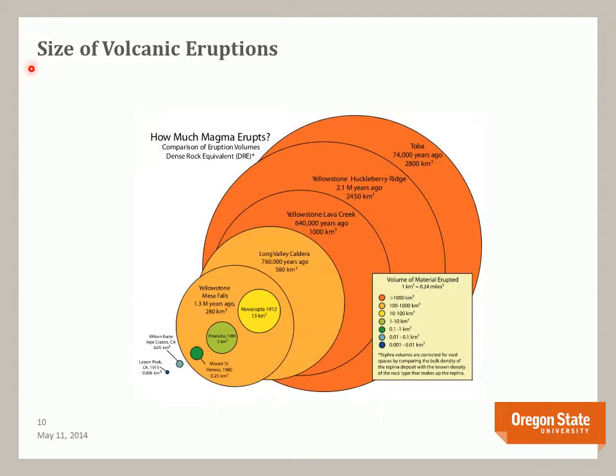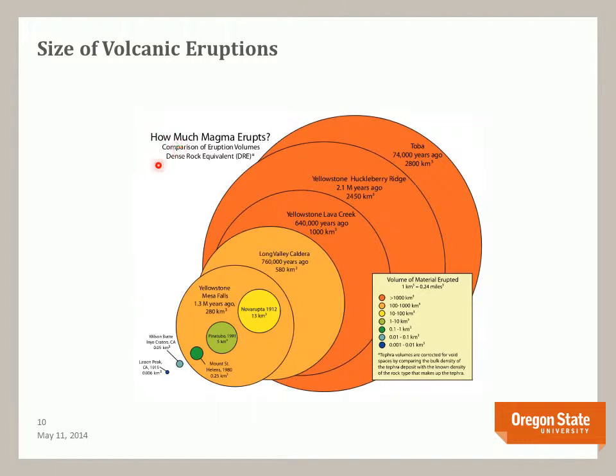This slide shows a comparison of the size of different volcanic eruptions. So let's take a look at this. This is going to put some things in perspective in terms of our experiences with different volcanic events. So this shows how much magma erupts.